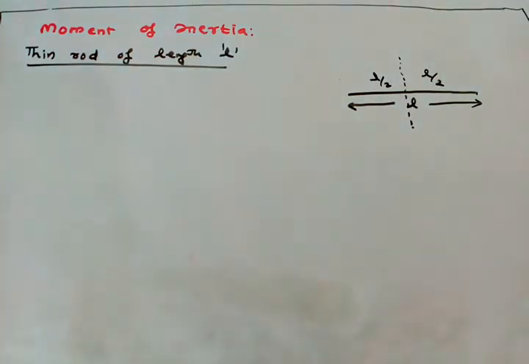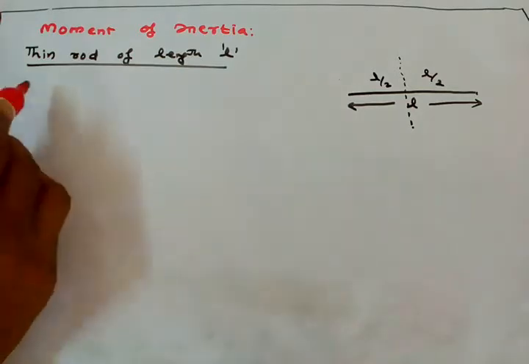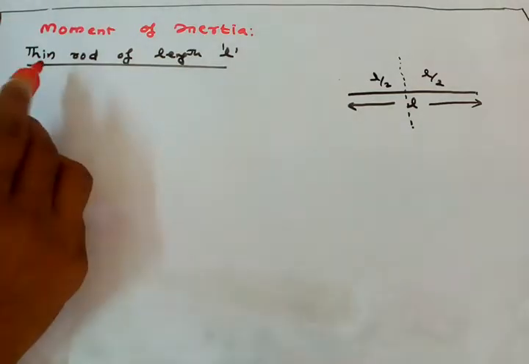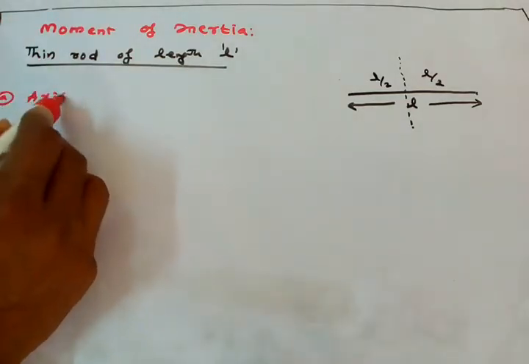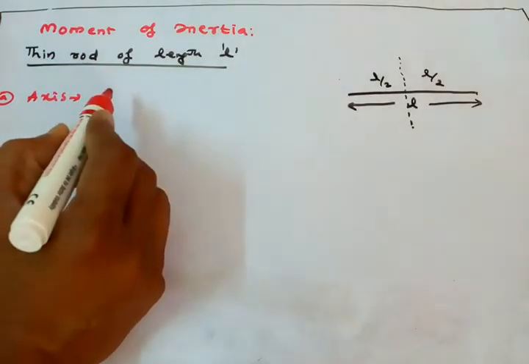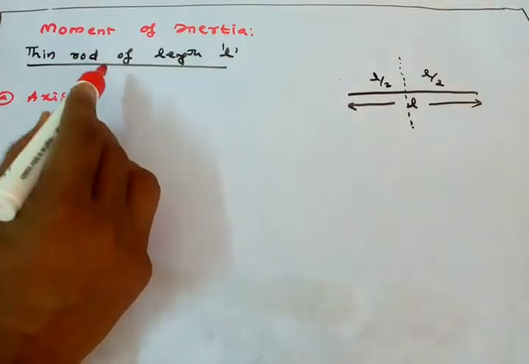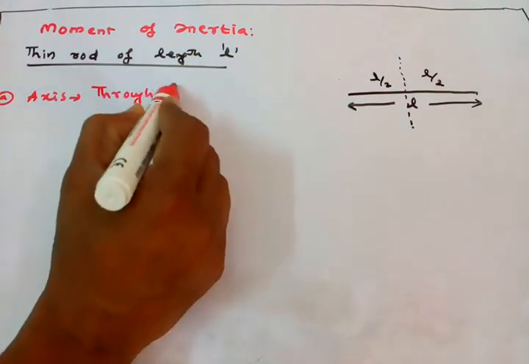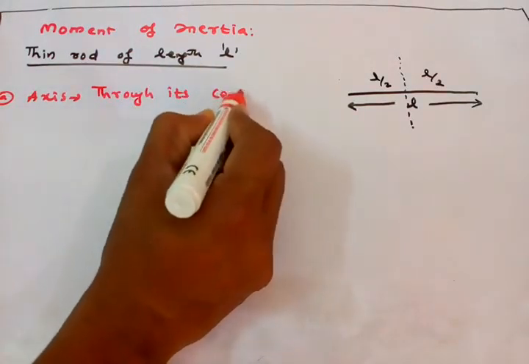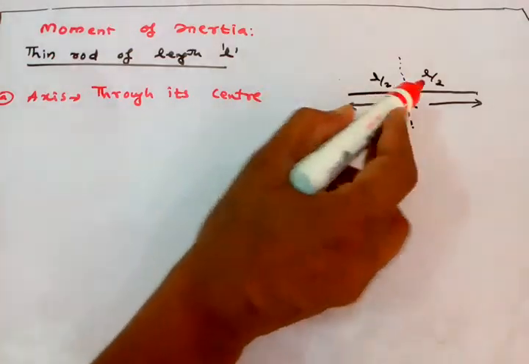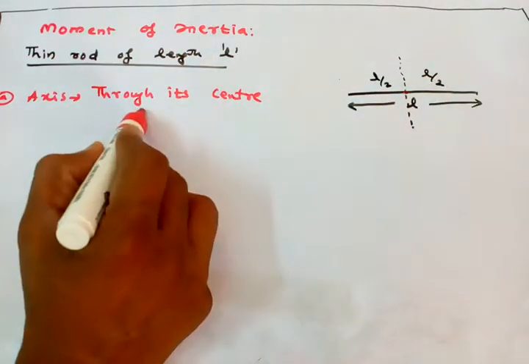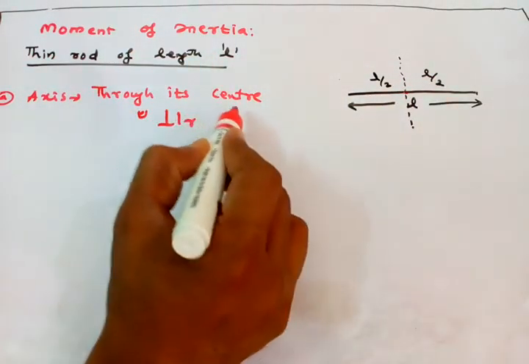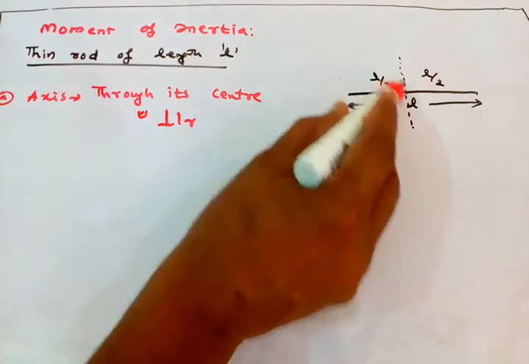Here we have different cases. First case: the axis. Where is the axis located? Through its center and perpendicular to the rod.